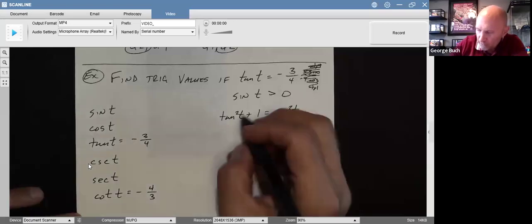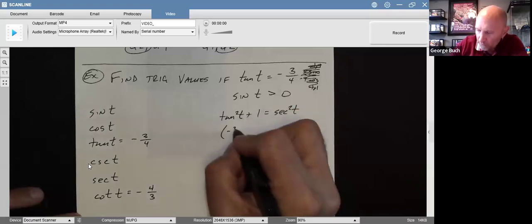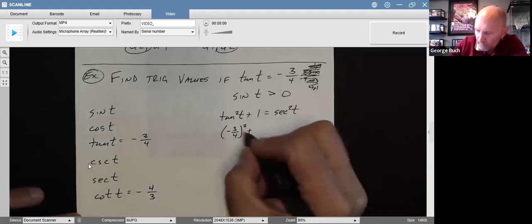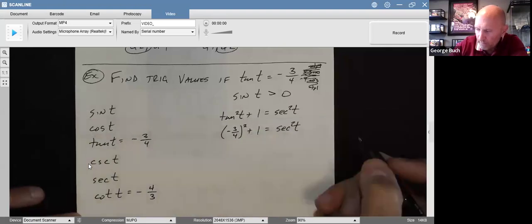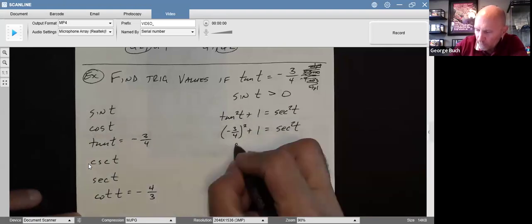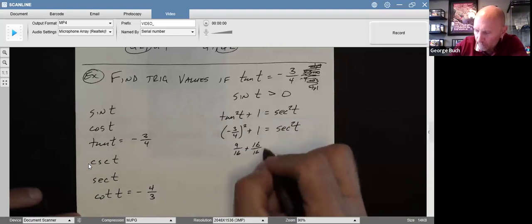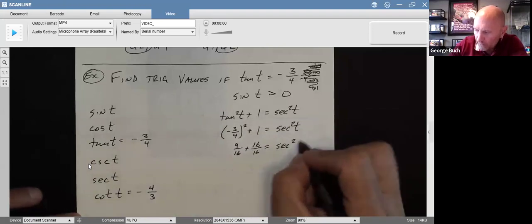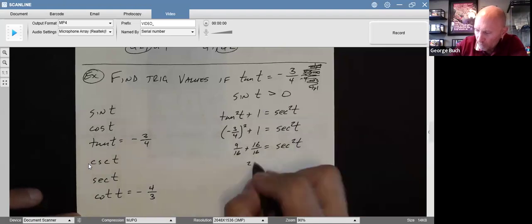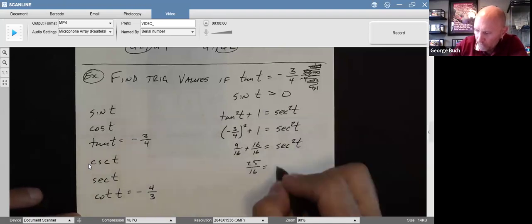So tangent is -3/4. So this is -3/4 squared plus 1 is secant squared t. So this is 9 over 16 plus 16 over 16 is secant squared t. So 25 over 16 is secant squared t.